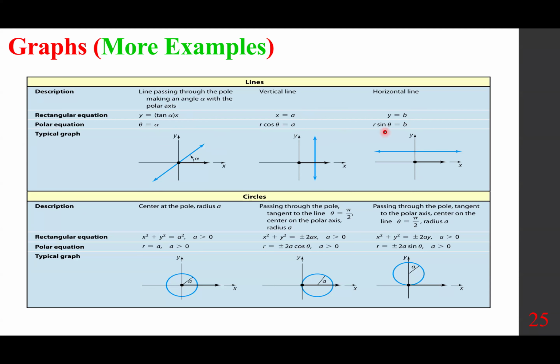And we know a circle has equation x squared plus y squared equals r squared, in this case a squared, where r equals a, centered at the pole or the origin. If we have r equals plus or minus 2a cosine theta, or x squared plus y squared equals plus or minus 2ax, the center is along the x-axis. If it's plus or minus 2ay, or plus or minus 2a sine theta, it is along the y-axis.